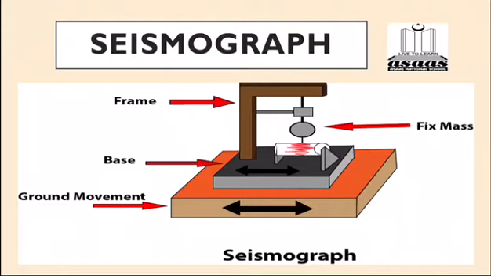Next, you can see the base, where the frame is attached, and then a fixed mass. Then there is the ground movement. We are going to talk about how a seismograph works.